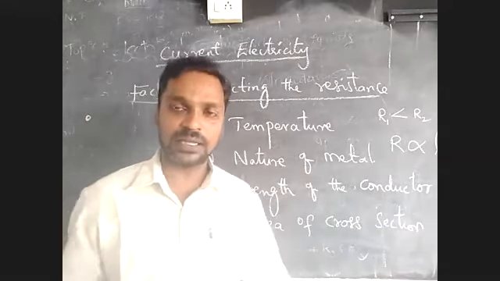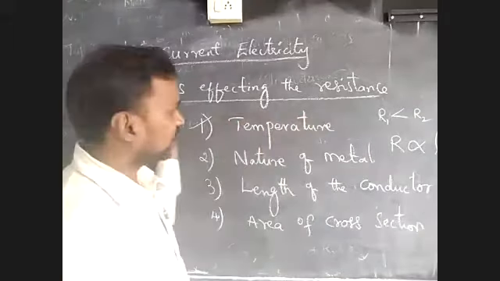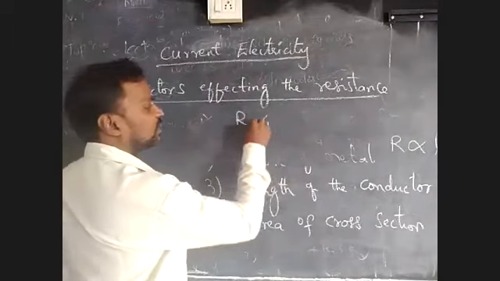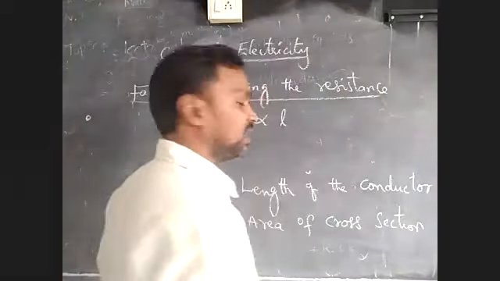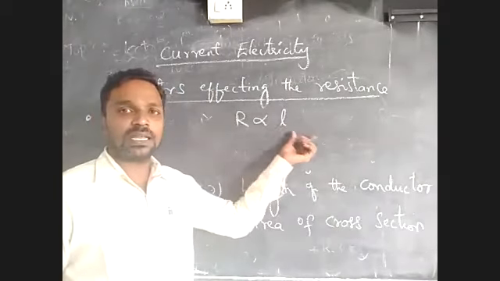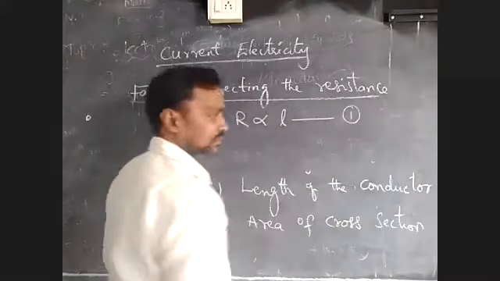The more the length, the more the electrical resistance. So we write the expression as R is directly proportional to L. As the length of the conductor increases, the electrical resistance increases. So this is expression 1.